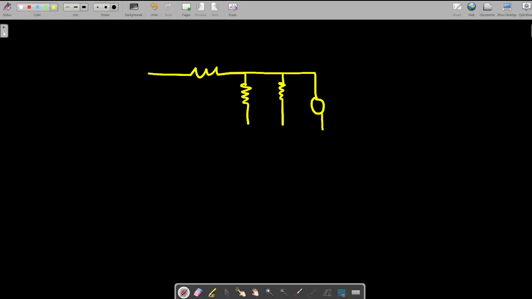So this is plus negative 12 volts, 5 ohms, 2 ohms, 3 ohms, and the current of 2 ampere here. All right. So this is the circuit now.